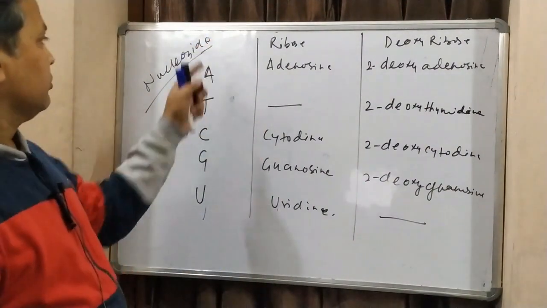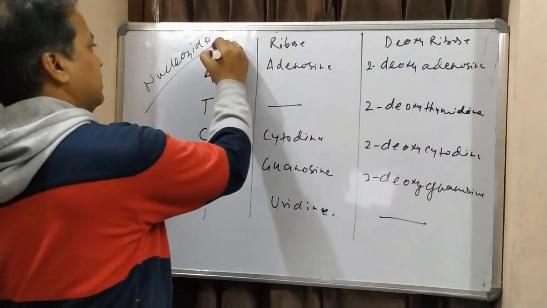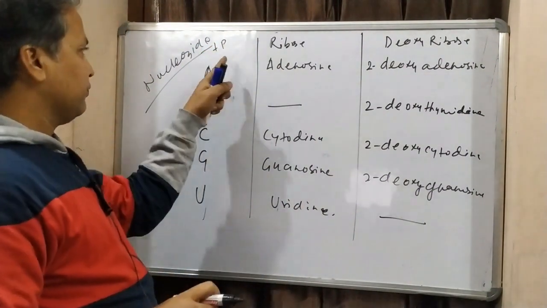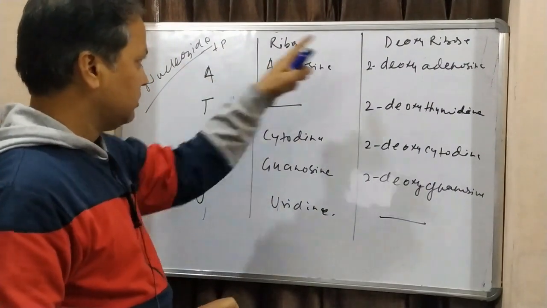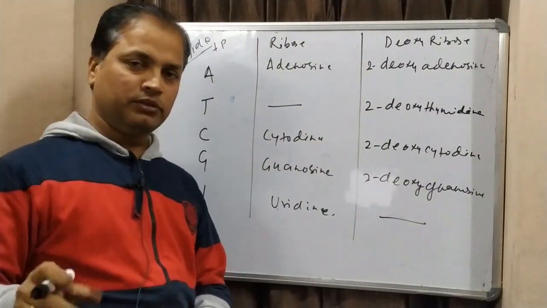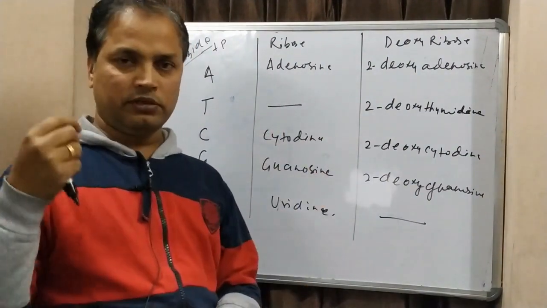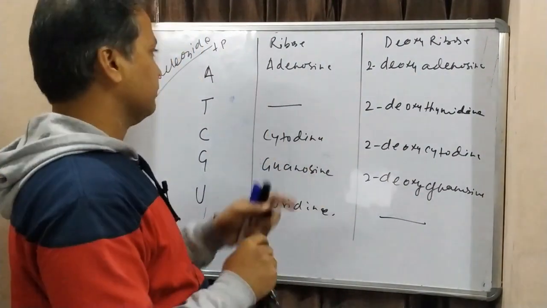When a nucleoside has a phosphate, we will call it a nucleotide. So nucleoside plus phosphate is called a nucleotide. This nucleoside can link with 1 phosphate, 2 phosphates or 3 phosphates, so it can be monophosphate, diphosphate or triphosphate.